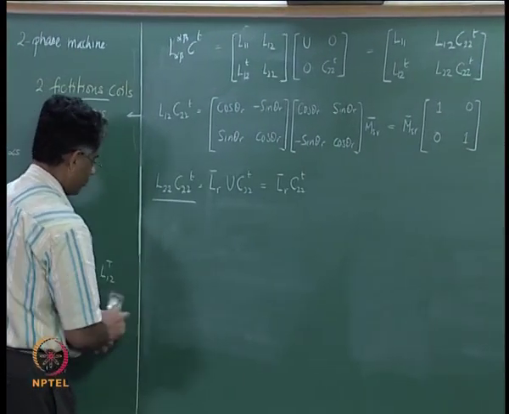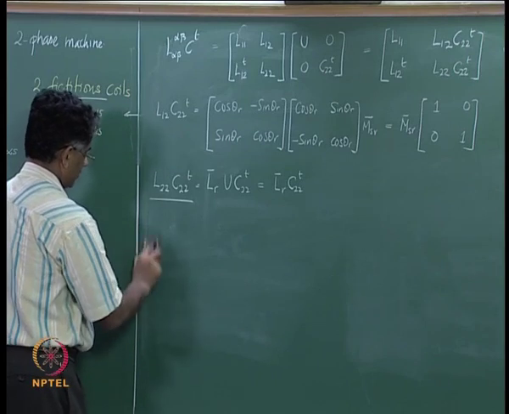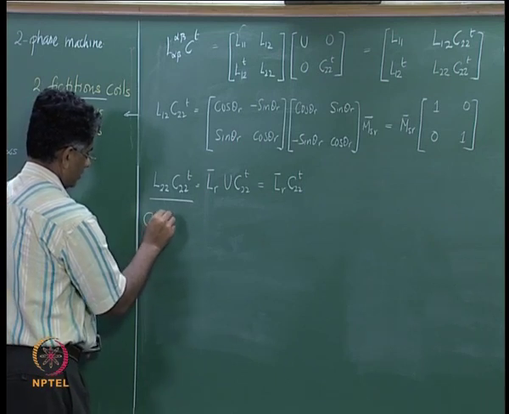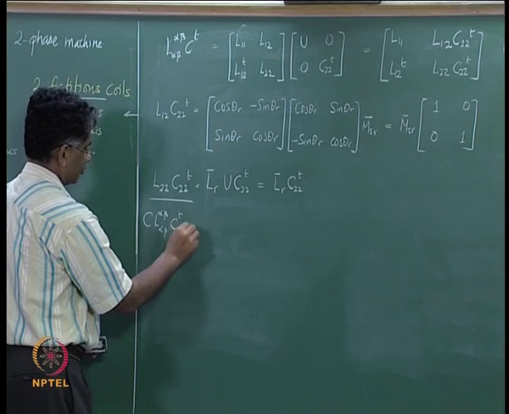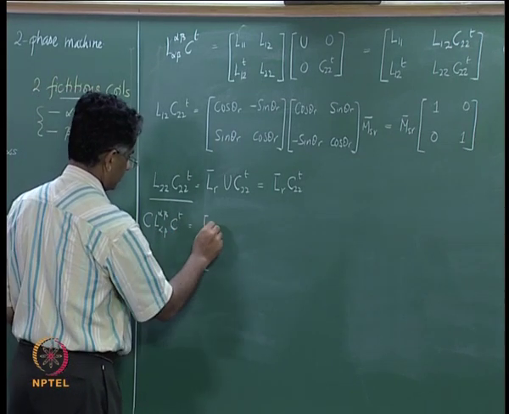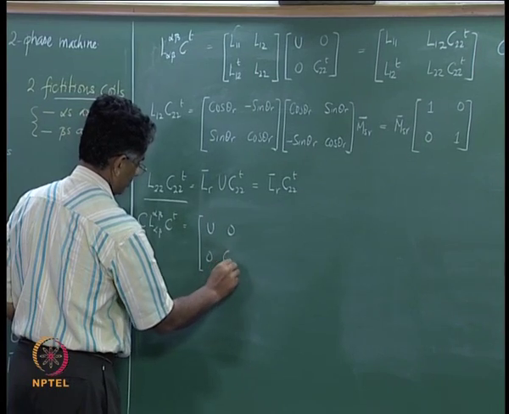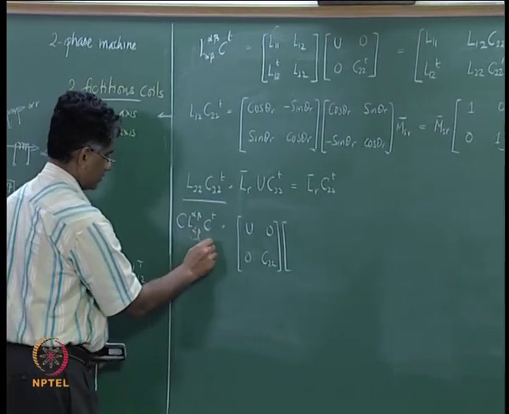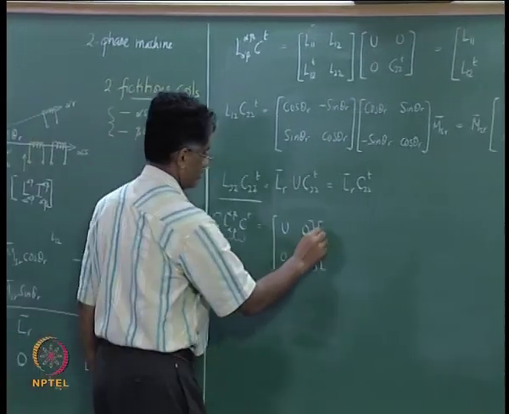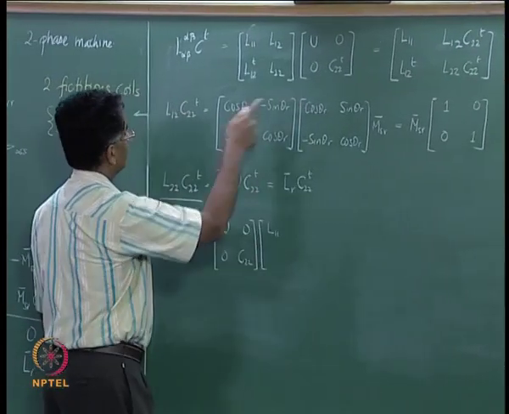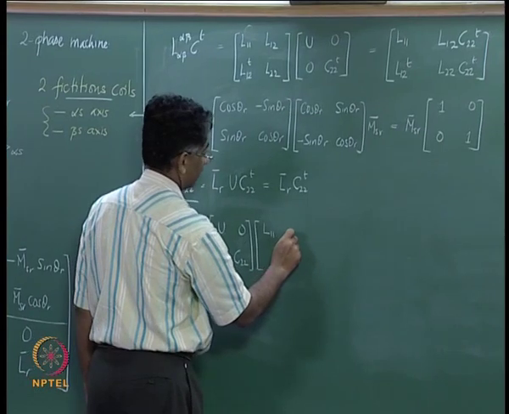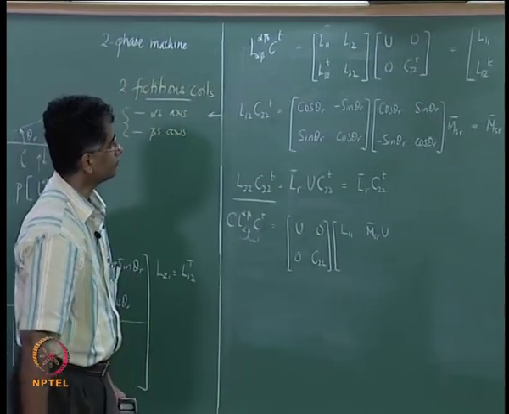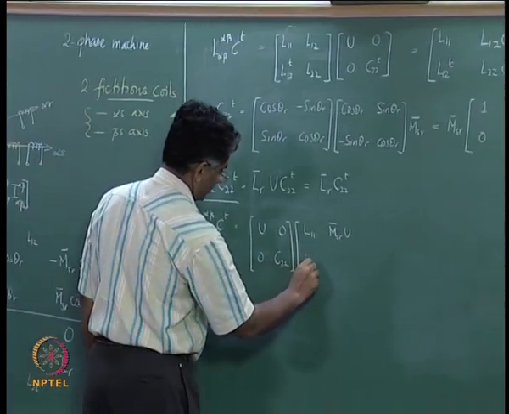If you now pre-multiply this by C, what we are trying to do is C L alpha beta C transpose. So this is identity matrix, 0, 0, C22, multiplied by this term, which we have determined earlier, that is L11. L12 C22 transpose is what you have as MSR bar into identity matrix U, and then you have L12 transpose.